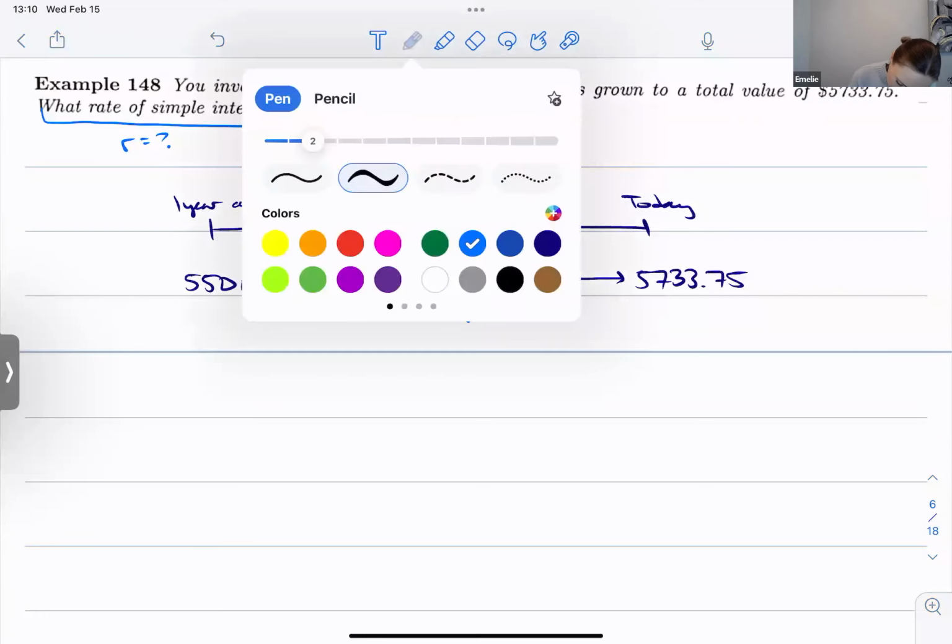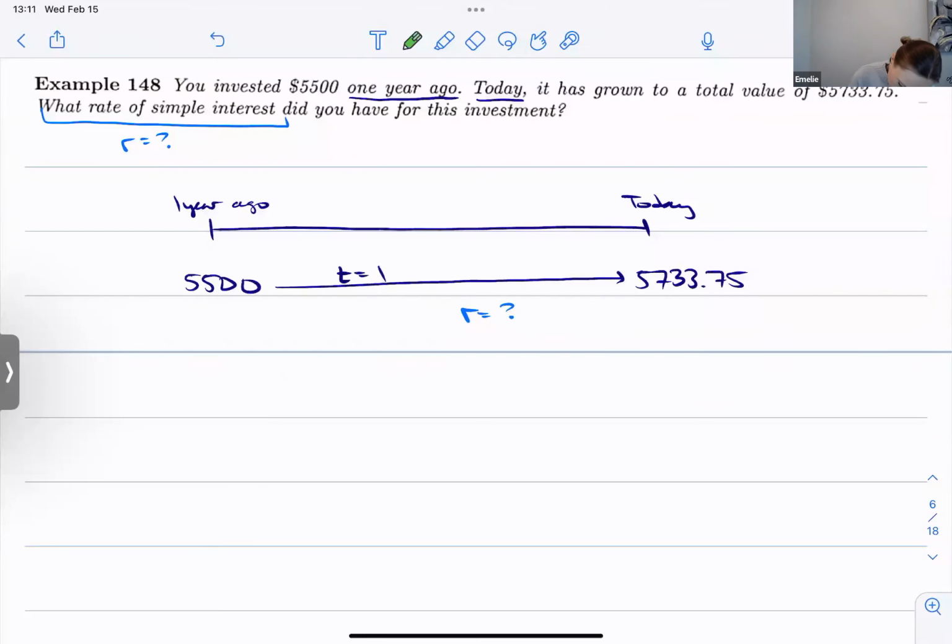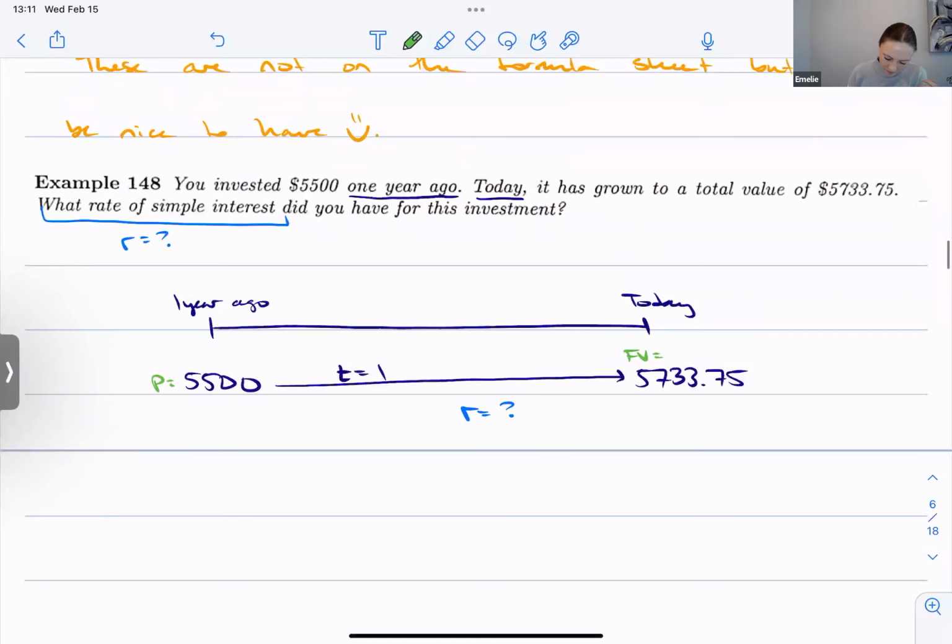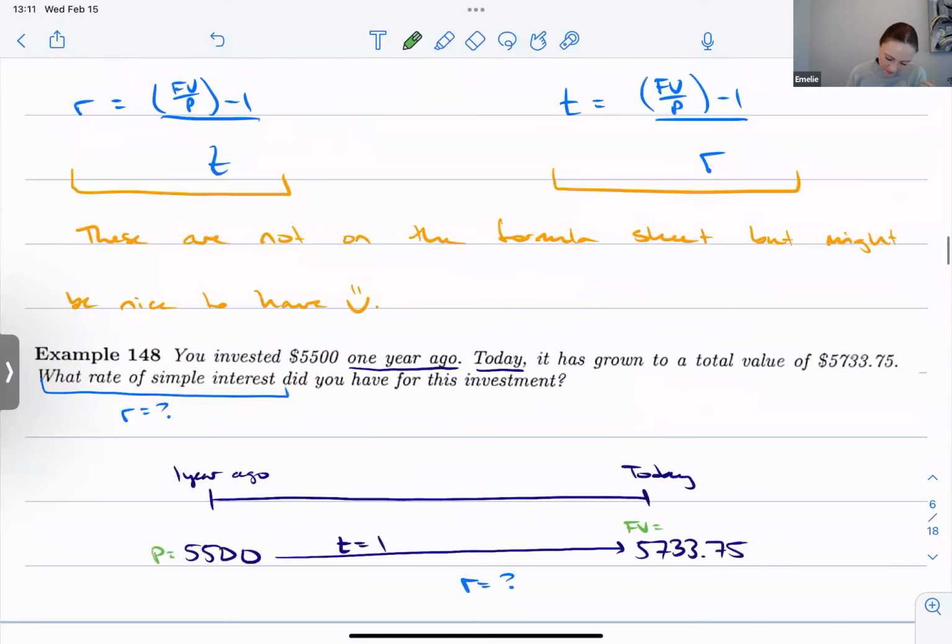Here we have P and this is the future value. I have both of those values, but they're still denoted by variables in our formula.